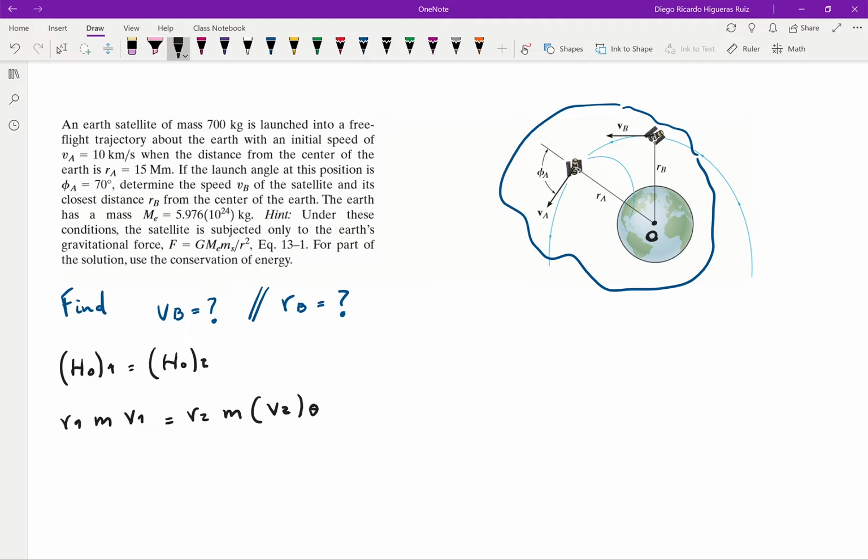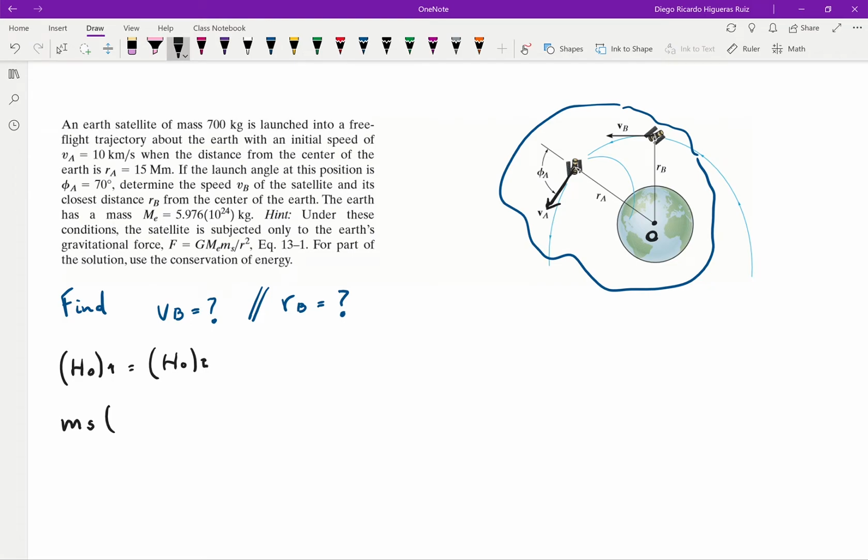I'm sorry, I think I'm just gonna go ahead and rewrite that equation. Let's see, okay, let's do it again. Okay, it's gonna be Ms, mass of the satellite. Then we're gonna have VA, but we need to calculate that component right there.